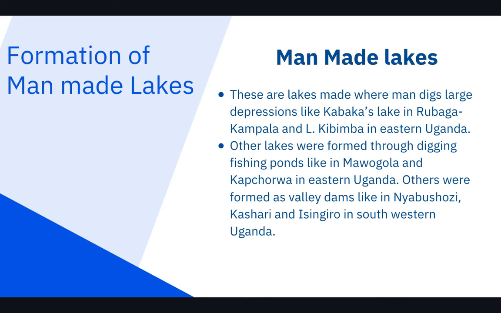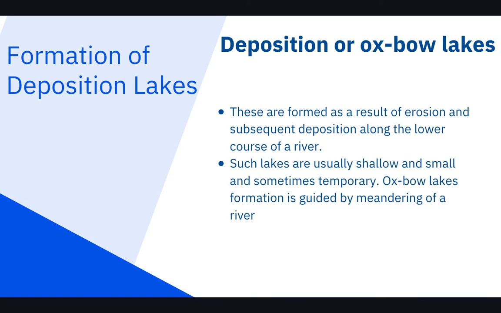Others were formed as valley dams like in Nyabushozi, Kashari, and Isingiro in southwestern Uganda. So this is made by man. Man gets a place and starts to dig, creating a basin which is later filled by water, and then it forms a lake which we call man-made lakes.